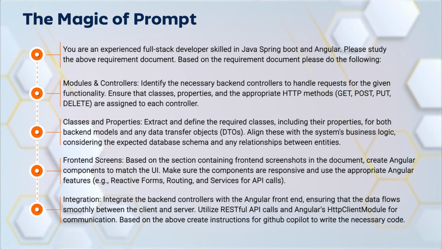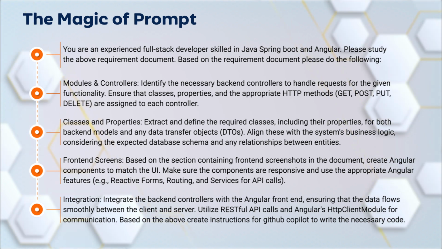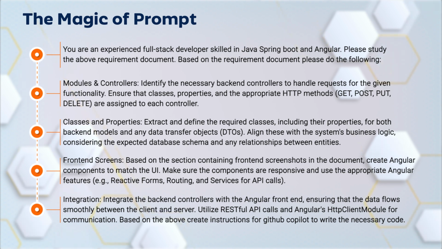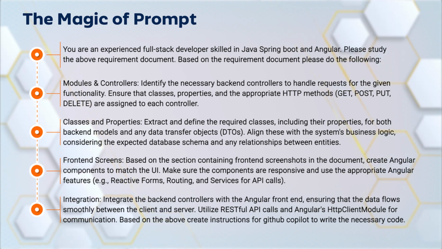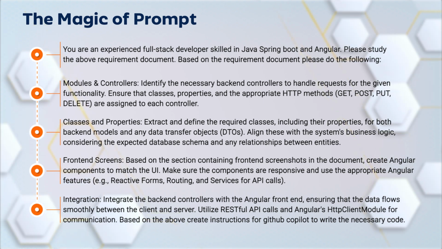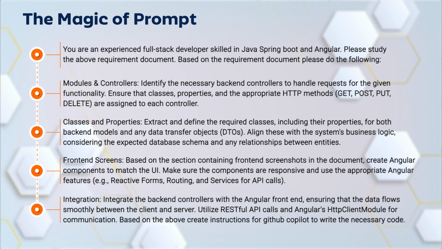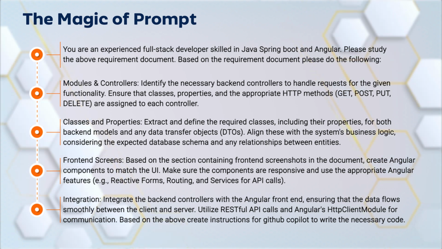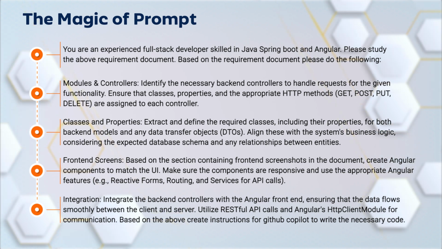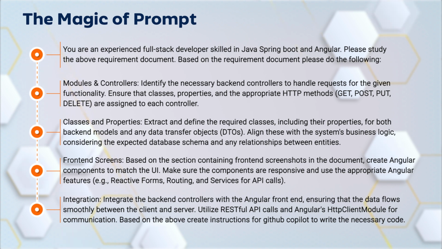As mentioned before, we can use GitHub Copilot to generate code, but GitHub Copilot also needs some instructions on what to generate. So we'll use this prompt to create a set of instructions for GitHub Copilot. This prompt will be fed to ChatGPT, and ChatGPT will help us generate a set of instructions for GitHub Copilot. Then we'll give the same set of instructions to GitHub Copilot to generate our code.